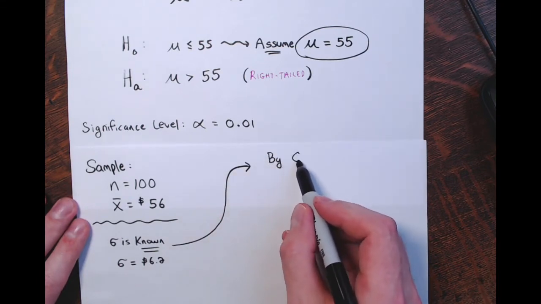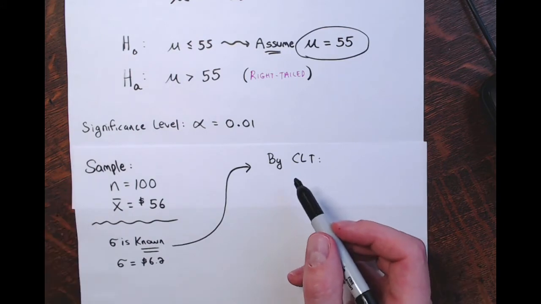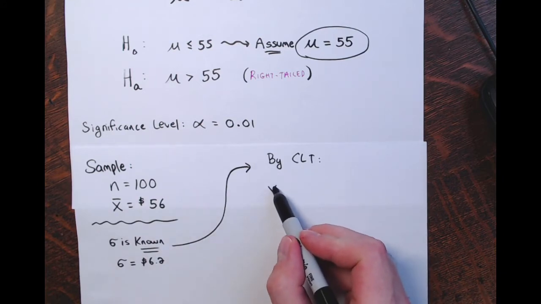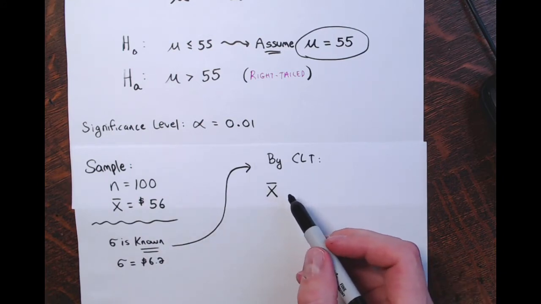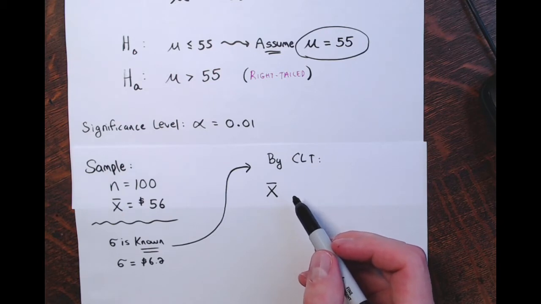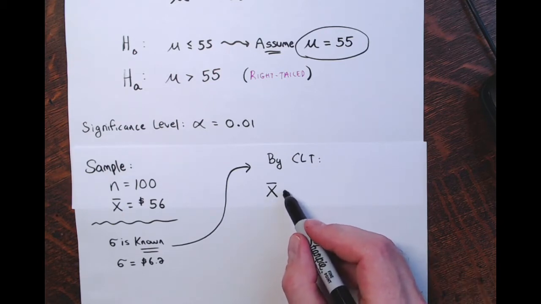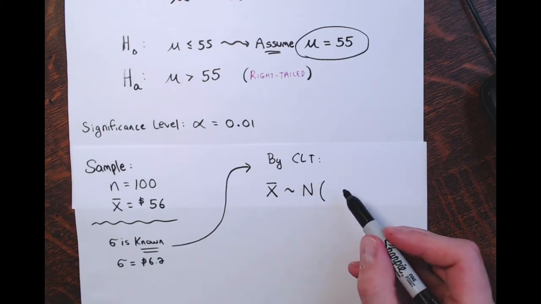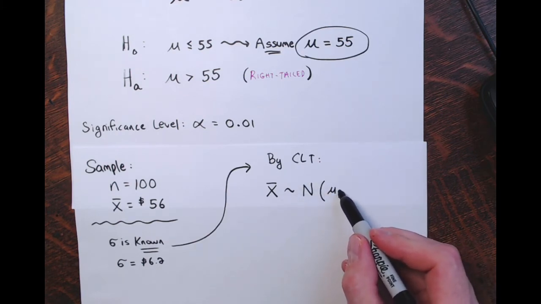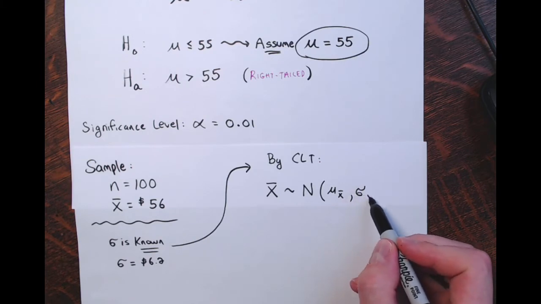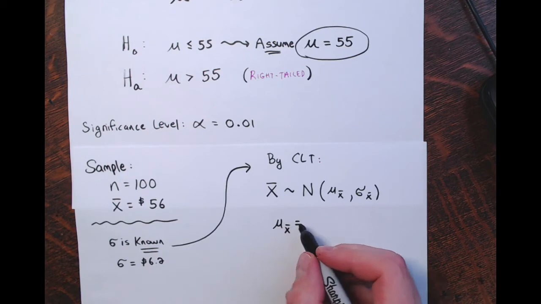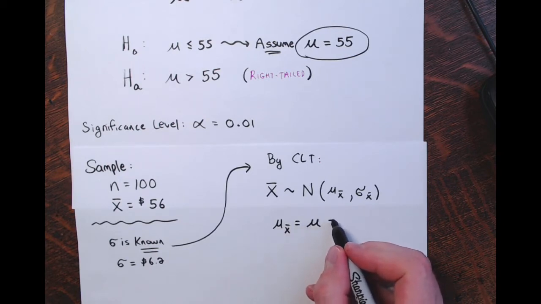Because sigma is known, by the central limit theorem for means, if we were to look at all possible samples of size 100 and look at their averages, the distribution of those averages would be approximately normal, with a mean called mu sub x bar and a standard deviation sigma x bar, where the mean of these means is the mean of the population.